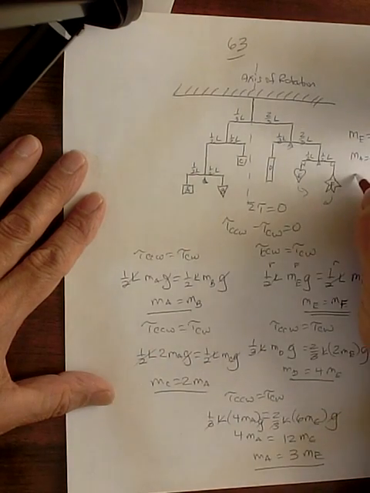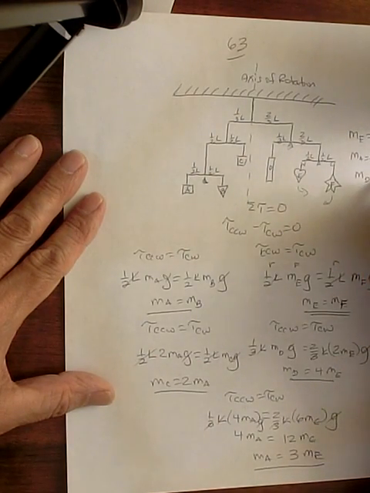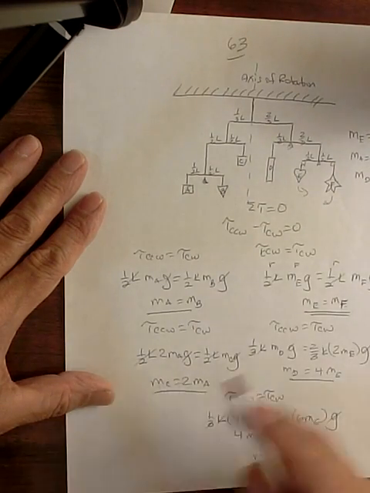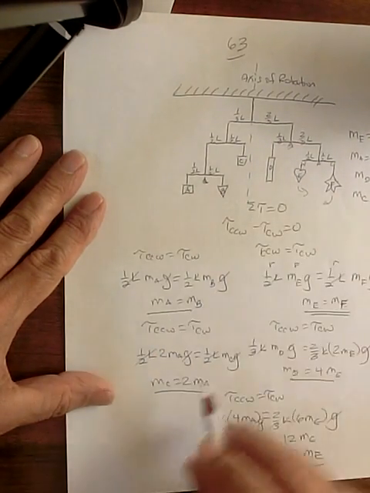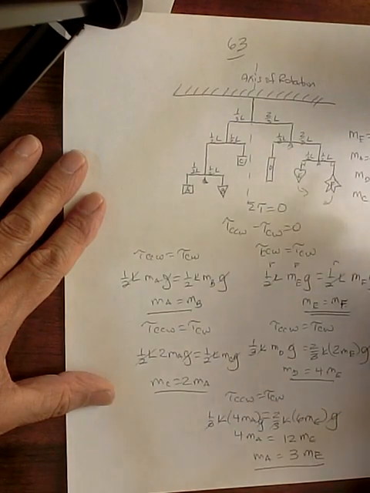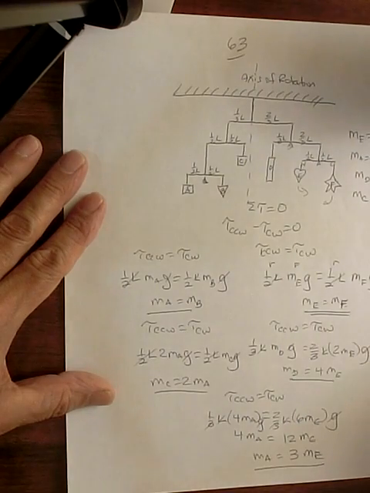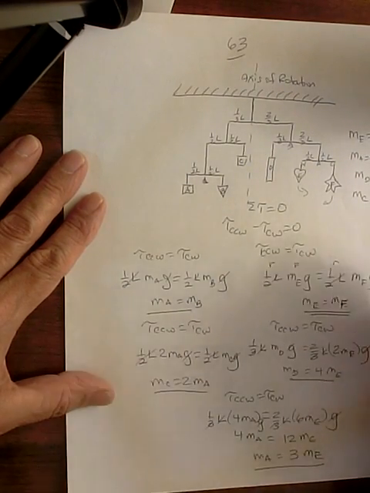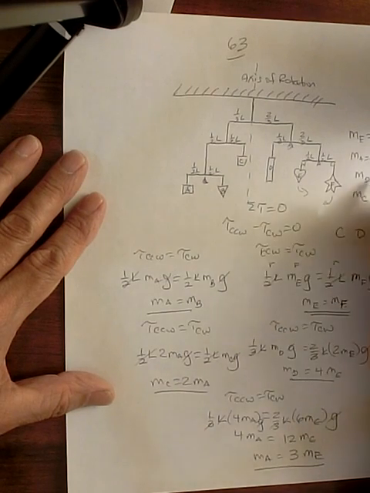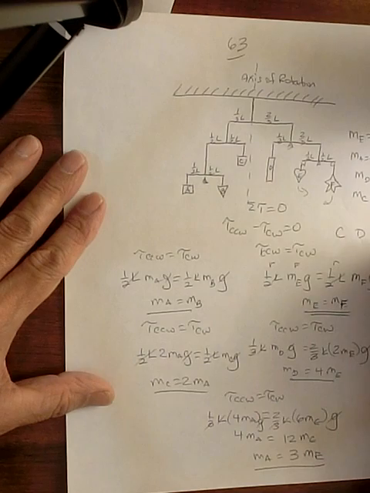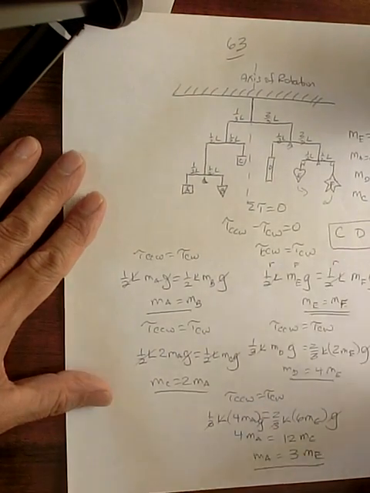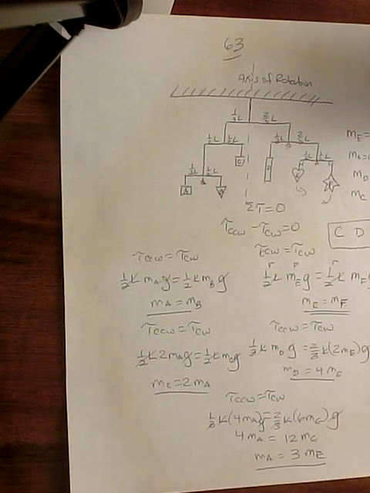And we know that the mass of D is 4 times the mass of E. And then finally, we know that the mass of C, which is twice the mass of A, but mass of A is 3 mass of E, so it must be 6 times the mass of E. So our ranking should be C, followed by D, followed by AB, and then followed by EF. And so that would be our ranking for this particular problem.